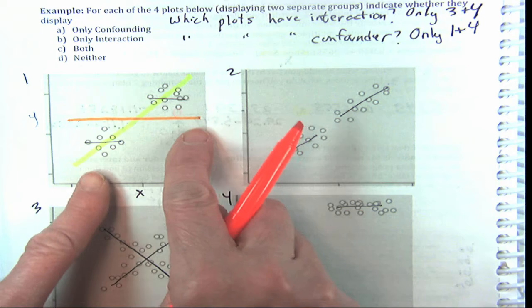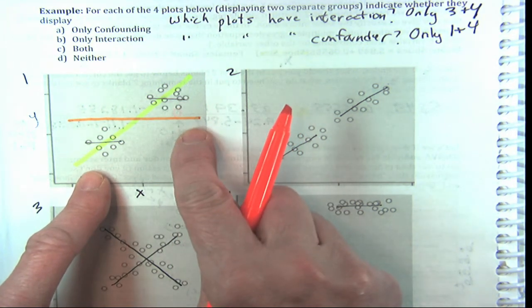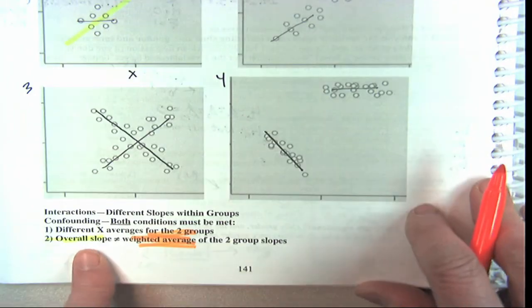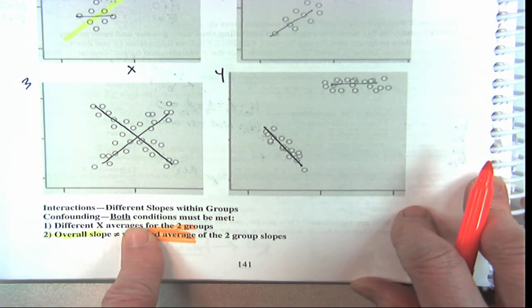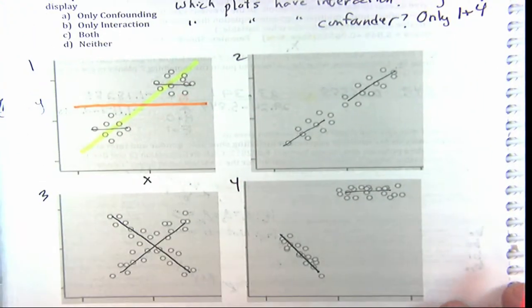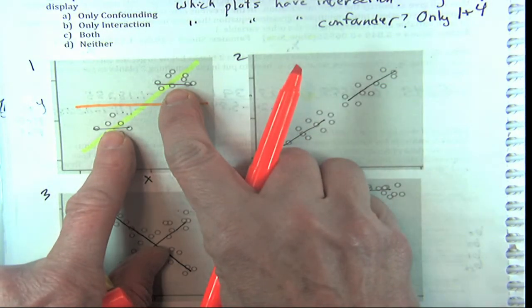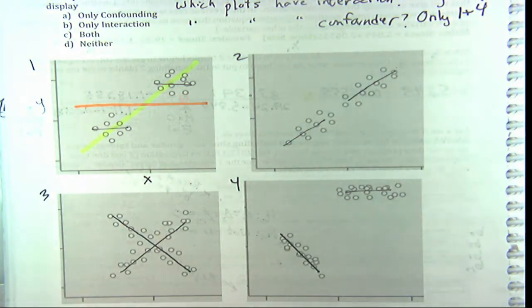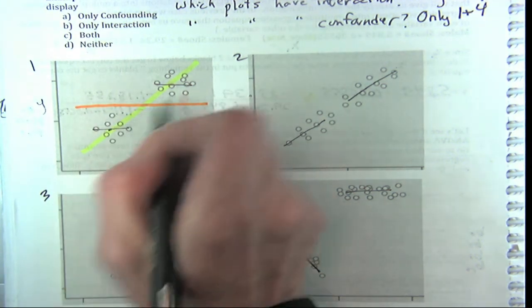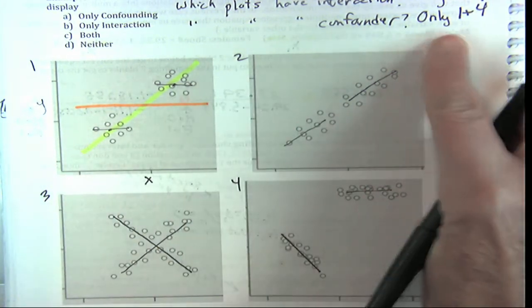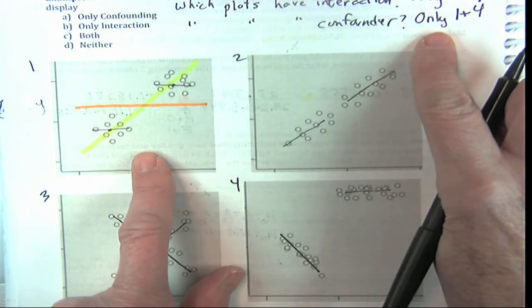So that is an example of confounding. It has different overall than weighted average. And when that's true, you're also going to have different x averages for the two groups. So you can see they have different x's. The x average for this group is right here, and the x average for this group. So that one is confounded.